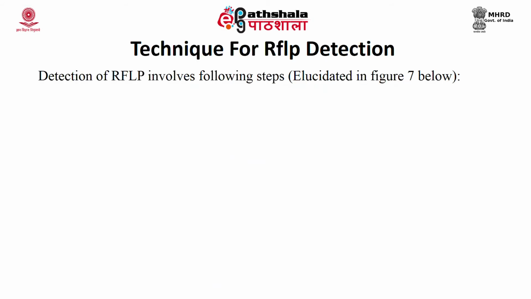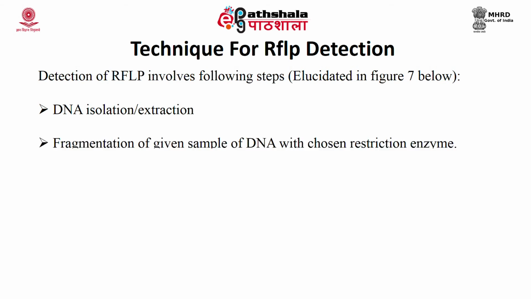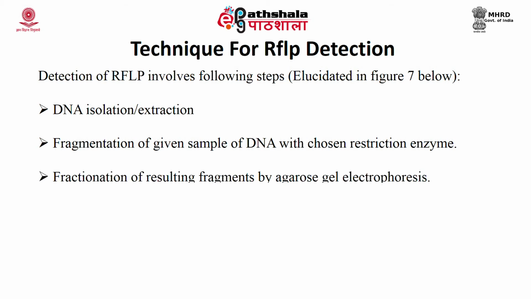Techniques for RFLP detection. Detection of RFLP involves the following steps, which are elucidated in figure 7 below. First, DNA isolation or extraction. Second, fragmentation of the given DNA sample with a chosen restriction enzyme. Third, fractionation of the resulting fragments by agarose gel electrophoresis.